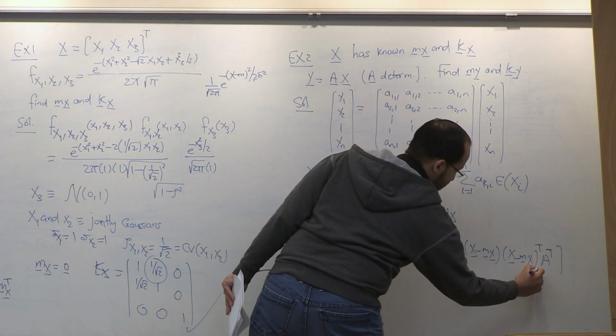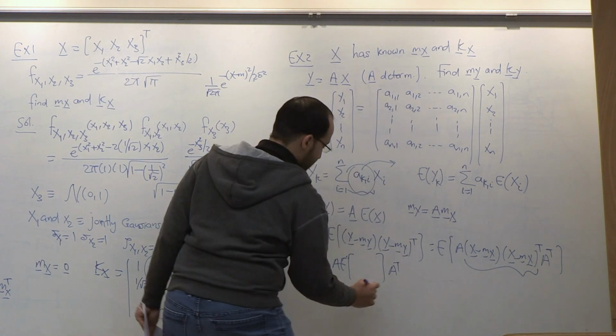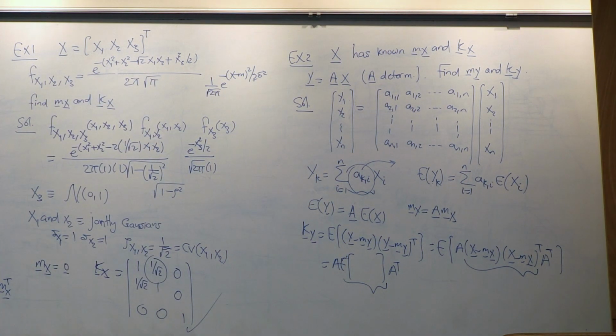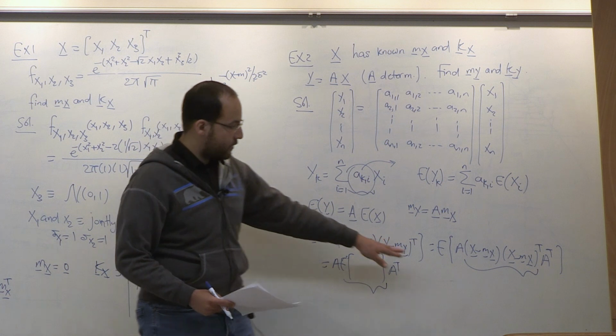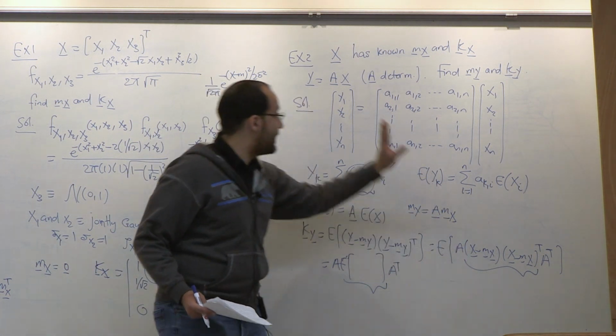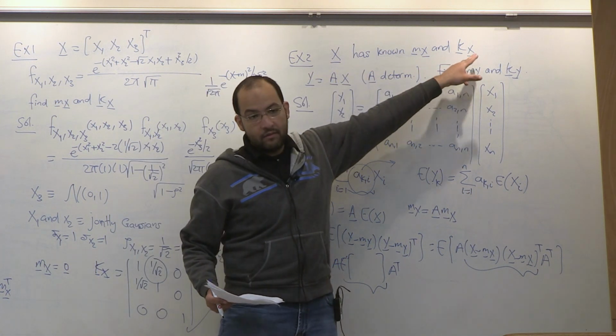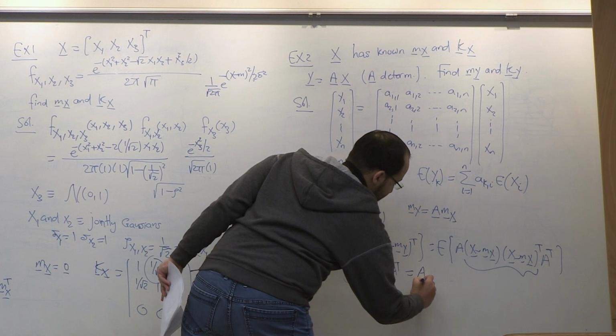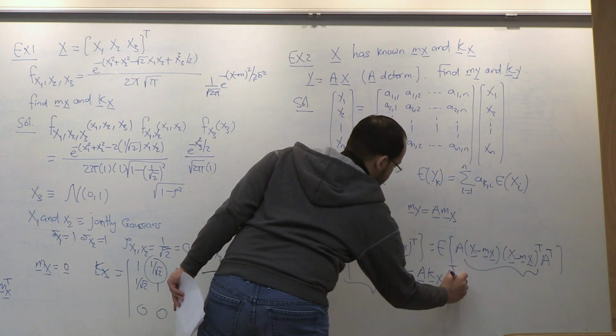What is this term under the expectation? It is the covariance matrix of x, exactly. This is exactly kx. So the final answer is A kx A transpose.